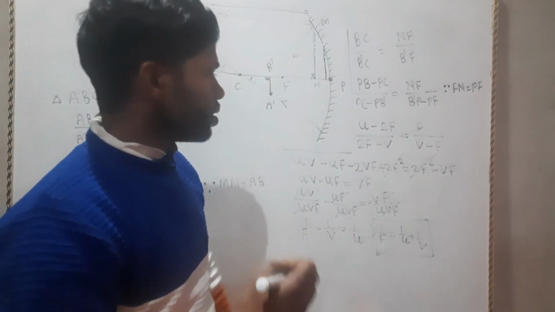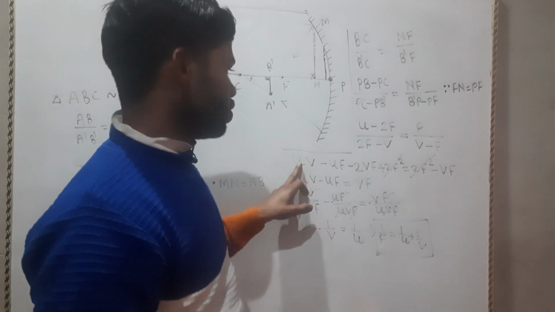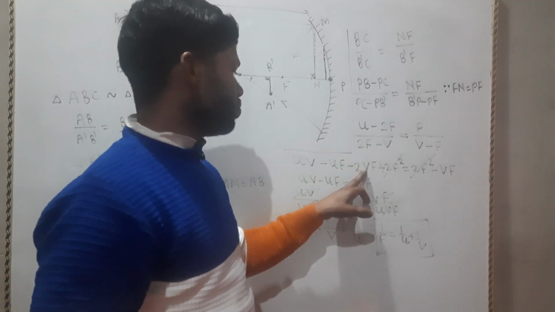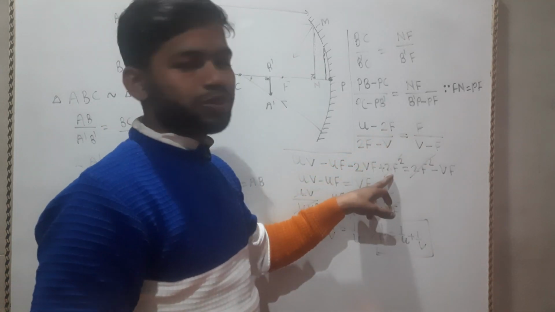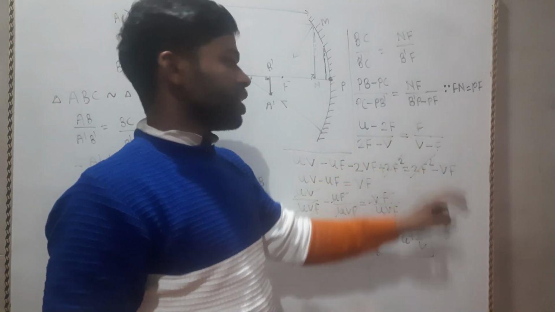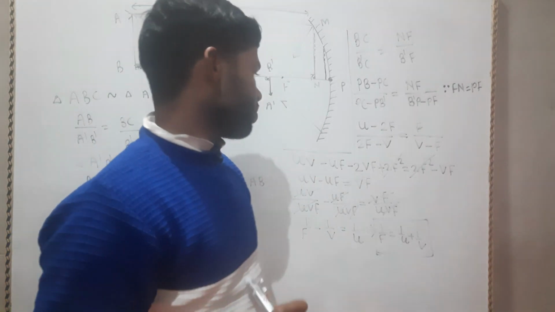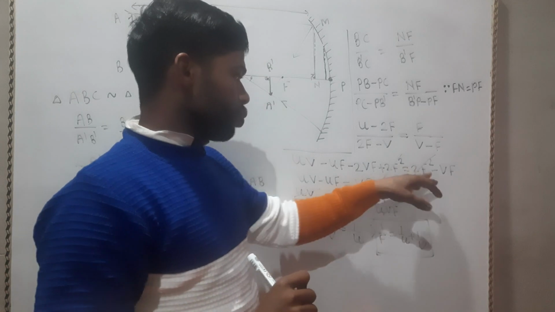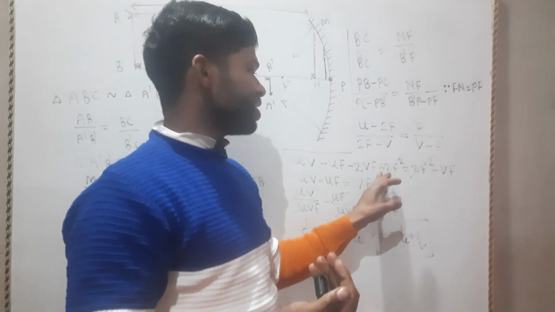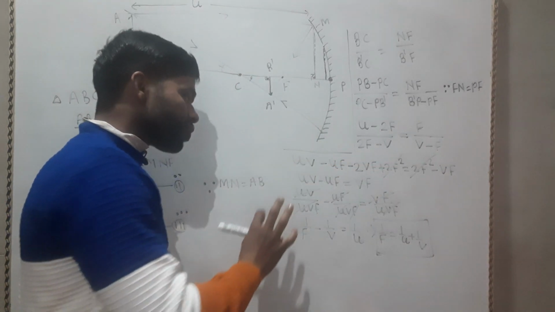So cross multiplying both sides, you will get UV, UF minus UF, 2FV, 2VF, and plus 2F square, and here 2F square minus, you multiply with F and VF. Both are positive and equal; interchanging this you will get minus, then it will be 0, so I cancel it.